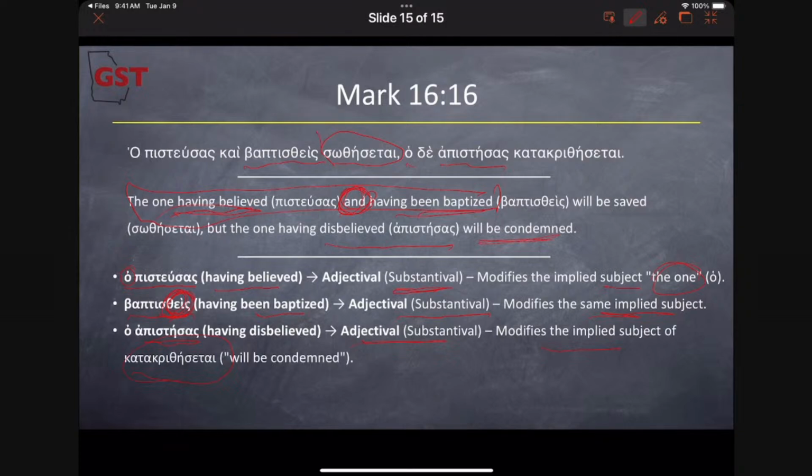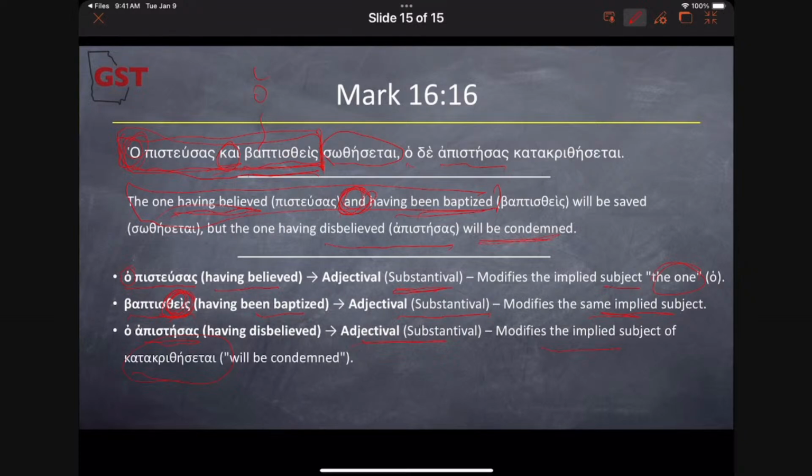Now, in this case, in Mark 16:16, pistesas kai baptistheis is all that and connects them. In other words, there's no article for the baptistheis. There's no article for it, but the article is carried from the first one with the and. You don't repeat the article every time you have the and.